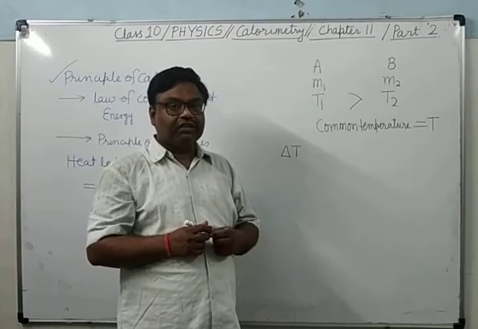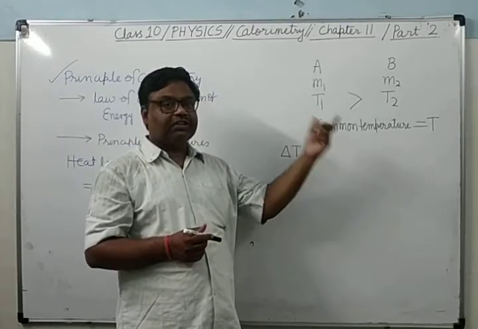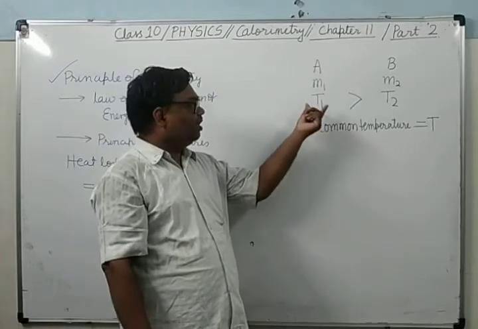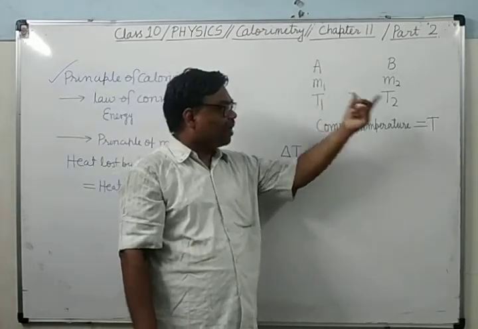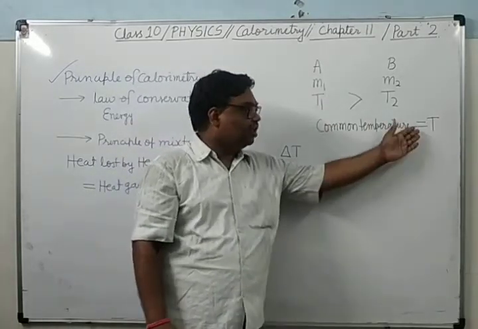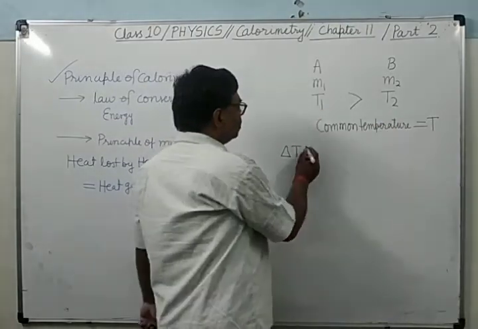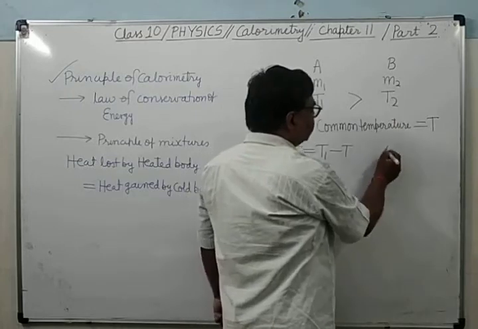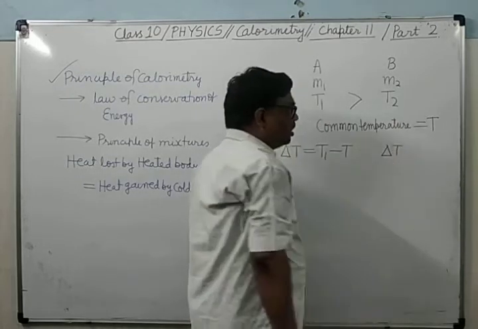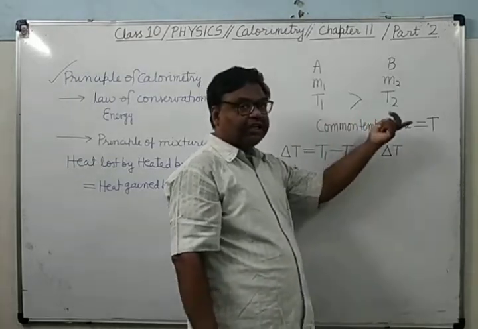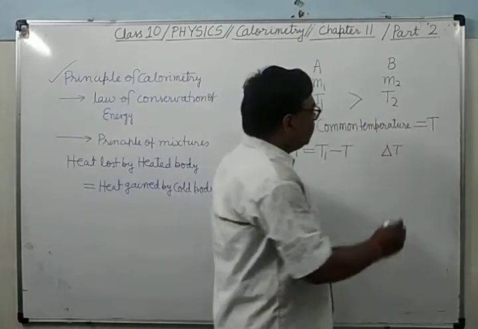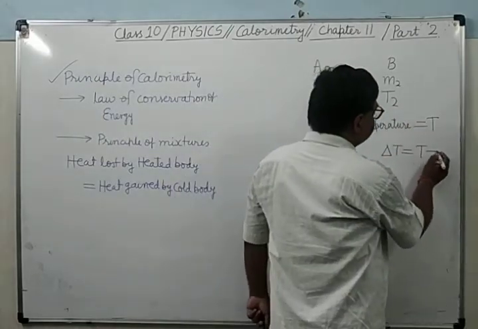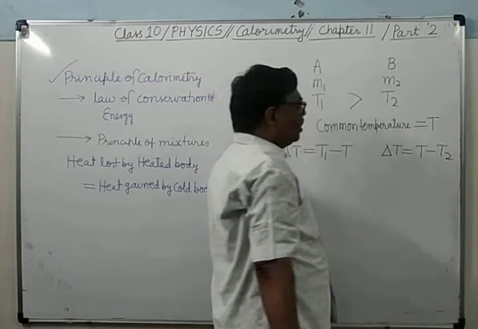It will decrease. Losing the heat means the temperature will decrease. Initial was this, final has become this. So T is less than T1, so the change is T1 minus T. What is the change in temperature here? Gaining the heat, temperature is increasing, means T will be more than T2. So T minus T2.